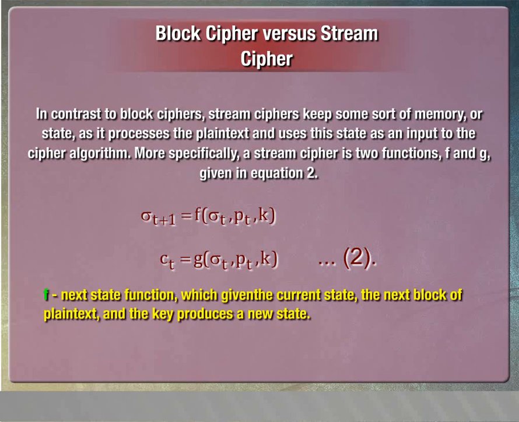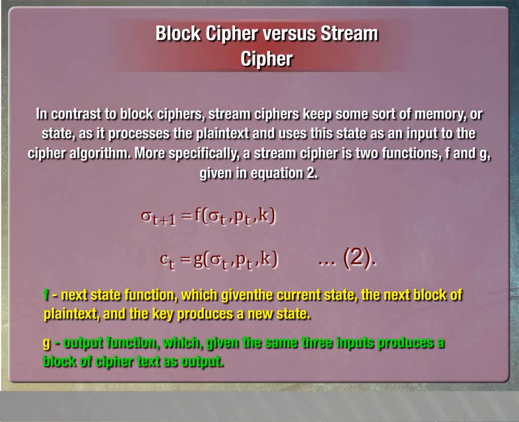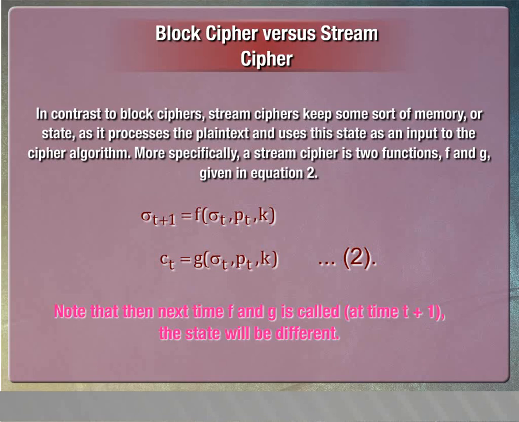F is the next state function which, given the current state, the next block of plaintext, and the key, produces a new state. G is the output function which, given the same three inputs, produces a block of ciphertext as output. Note that the next time f and g are called at time t plus 1, the state will be different.